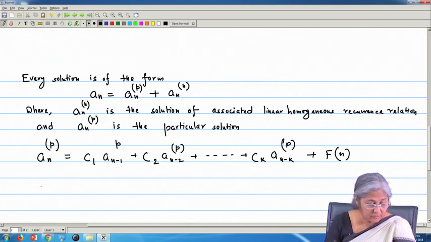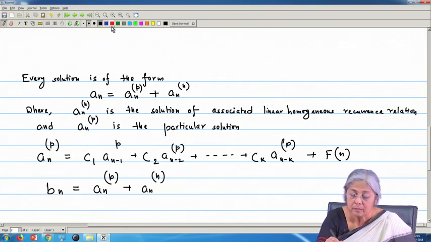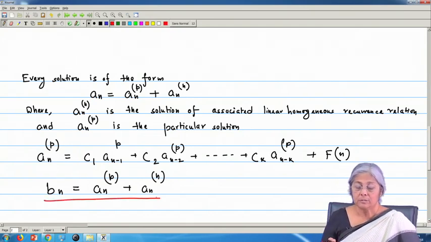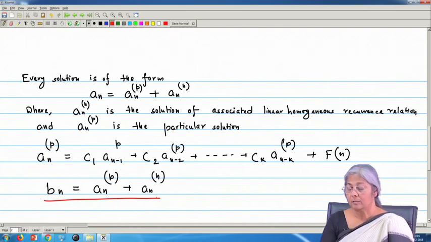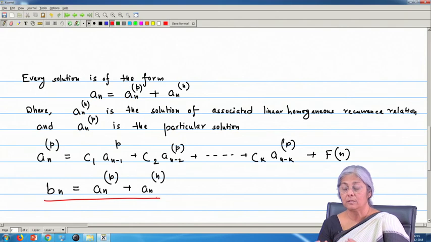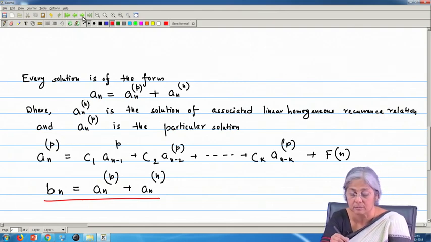So, I can write that my solution a n is a n p plus a n h. Okay. So, now with some examples we see how we can find the particular solution and the homogeneous solution of a linear non-homogeneous recurrence relation.